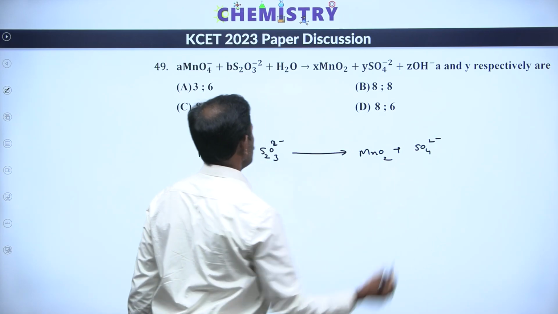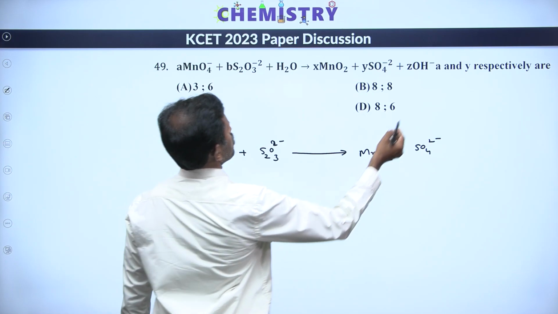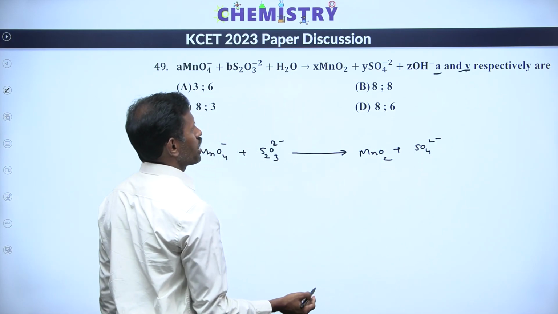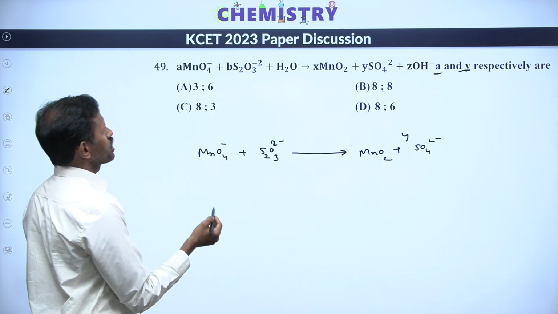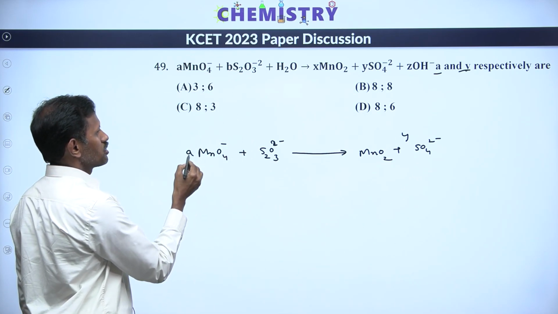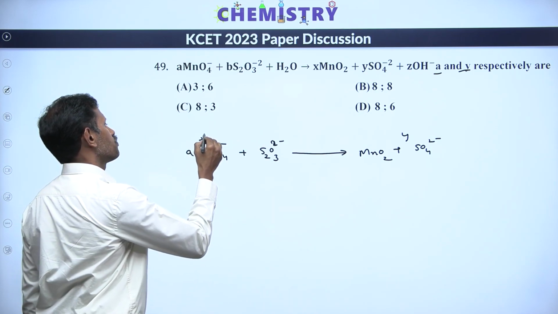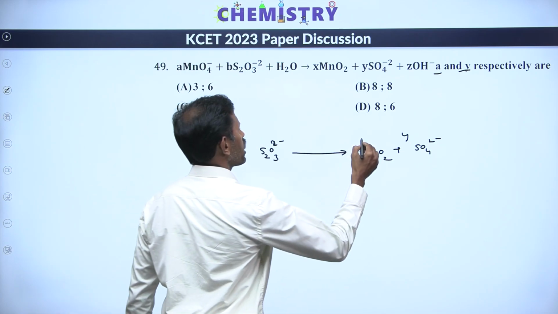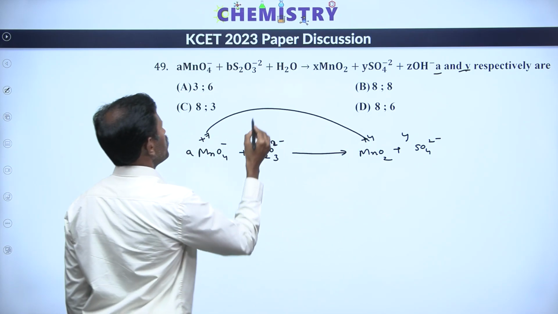Now we can balance the equation. As per the question they are asking A and Y. So, we have to find the coefficient of sulfate, which is Y here, and the coefficient of manganese, which is A here. Now, the oxidation number of manganese here is plus 7, and here the oxidation number of manganese is plus 4. So, the difference will be 3 electrons.